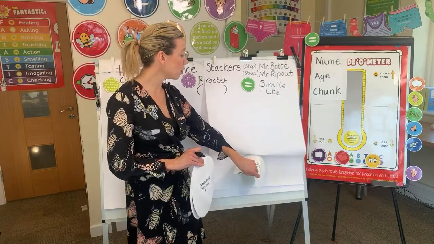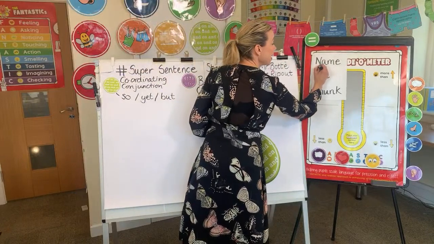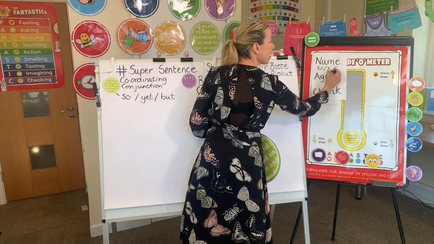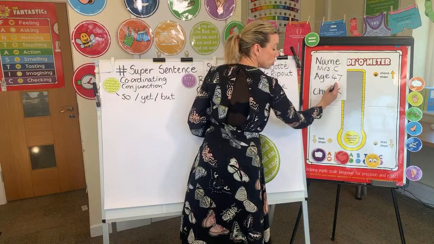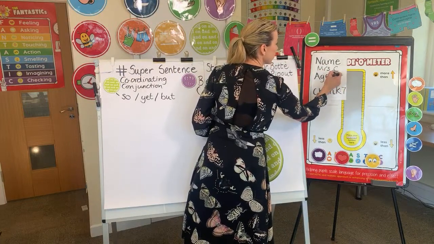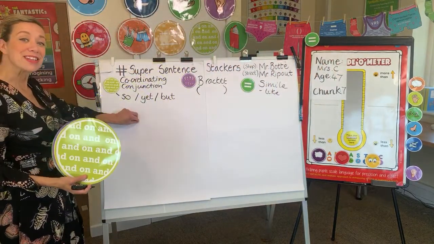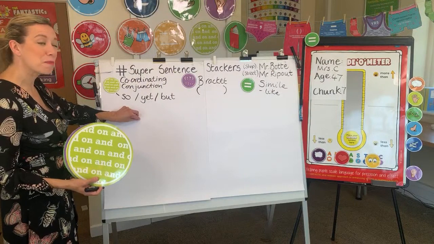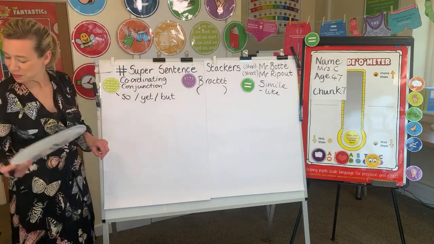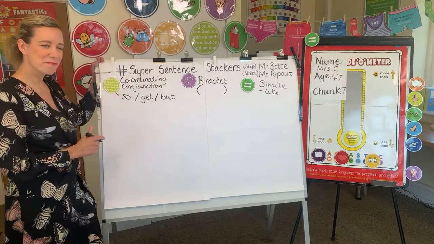Before, the thing I'm going to do is write my name, my age, and what chunk I am on, and I'm on chunk 7. So, I'm now with all of that information on my piece of paper, and I'm going to make a start.